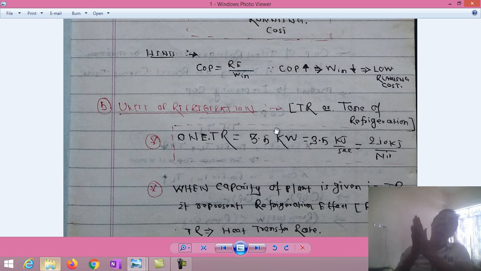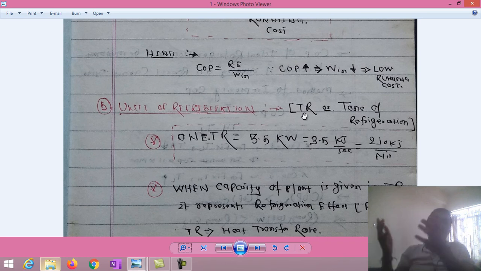This is one of the beautiful examples. Whenever you go to purchase an AC, the seller asks how much TR of AC you require.